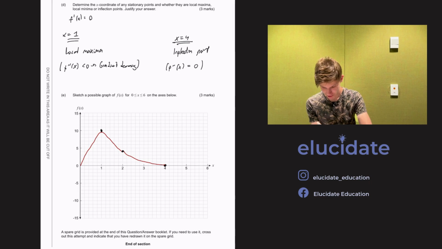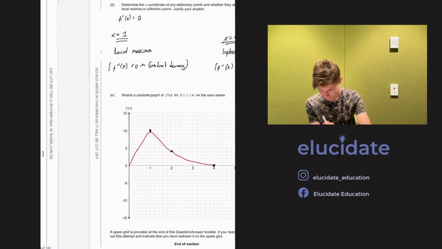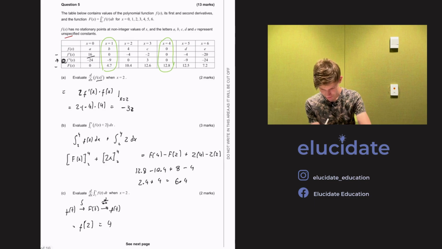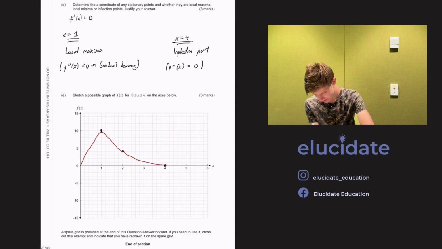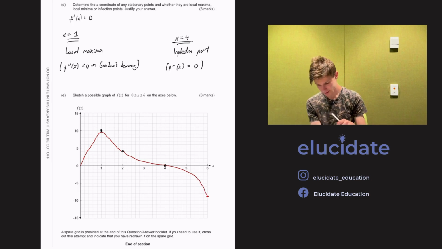Now we know that we have our inflection point at x equals 4. After that, when we get to x equals 5, we know that the gradient starts decreasing again and more steeply. So we're going to mark that in as the gradient decreasing all the way down, something like this. Since it's a fixed domain, we're just going to leave that as a dot rather than an arrow, like this.